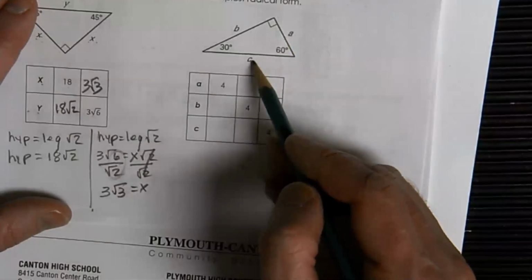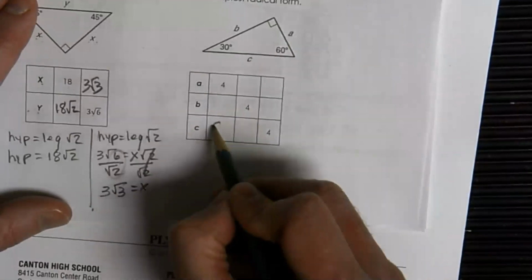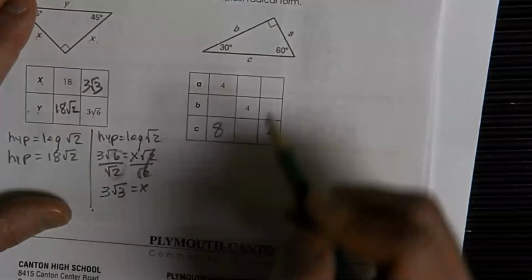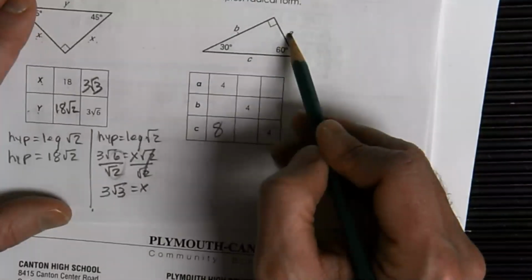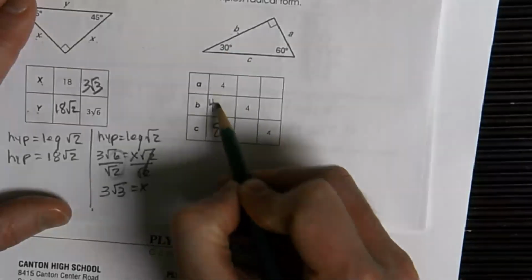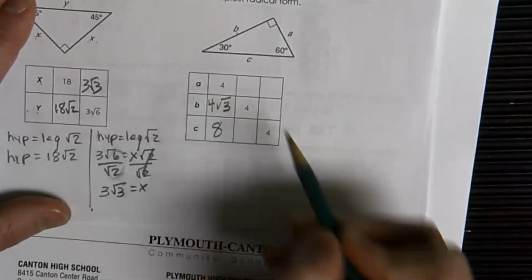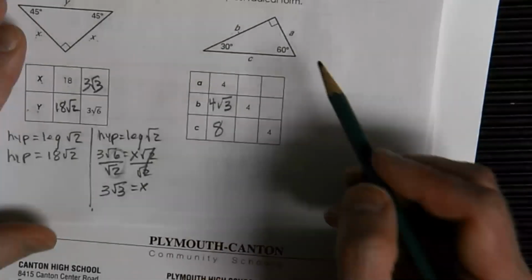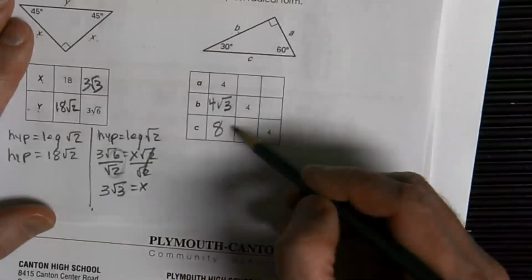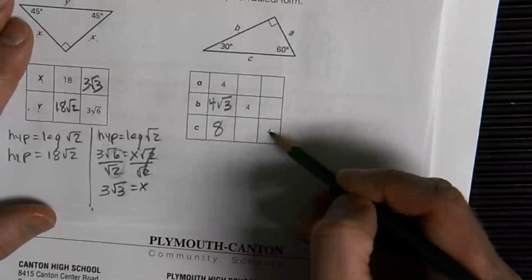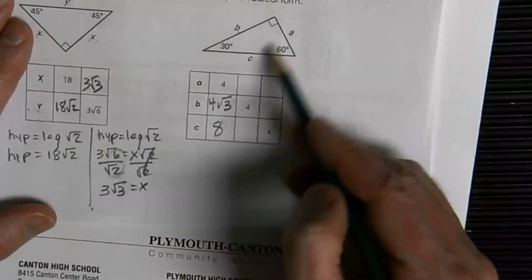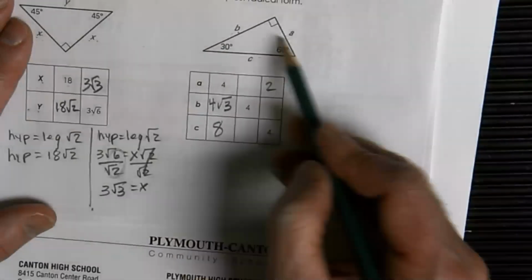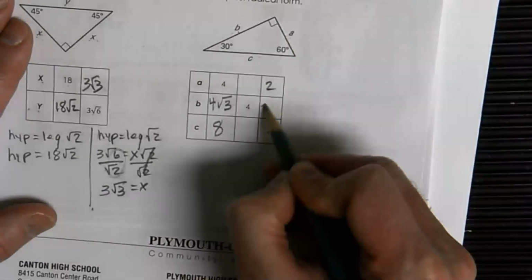The hypotenuse is always double the short leg. The long leg is always root 3 times the short leg. That's what we learned in our lesson. If you have the hypotenuse, you know that the short leg is always half of it.